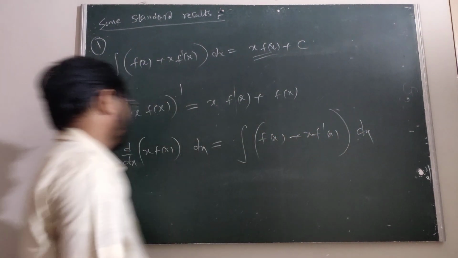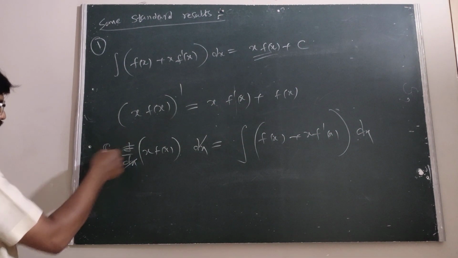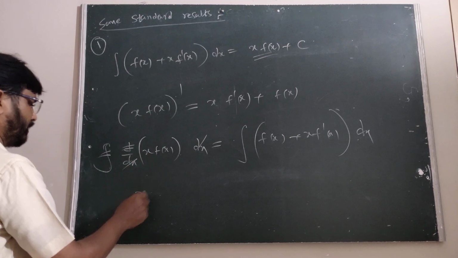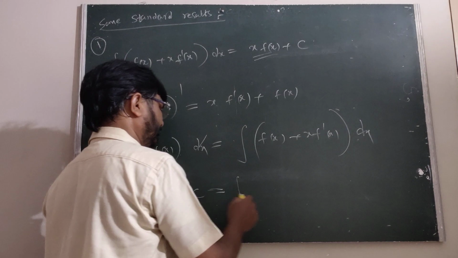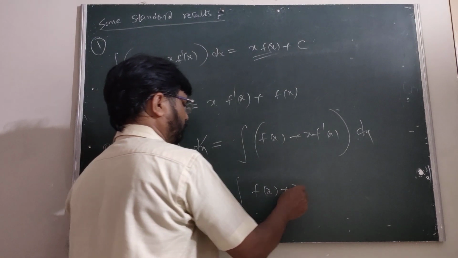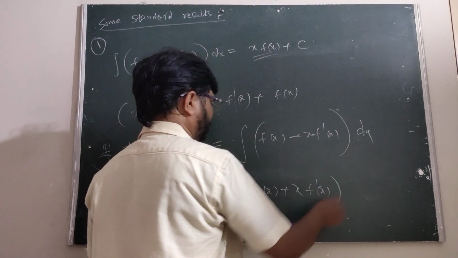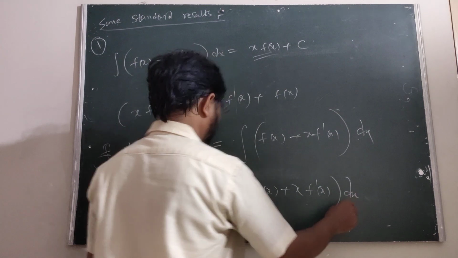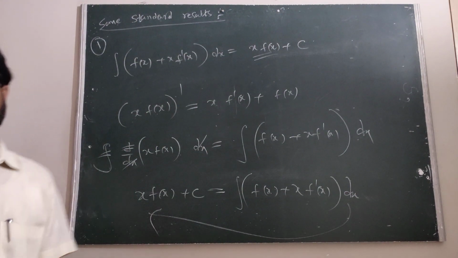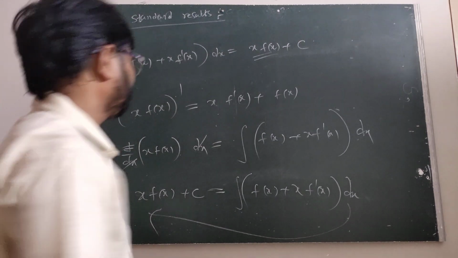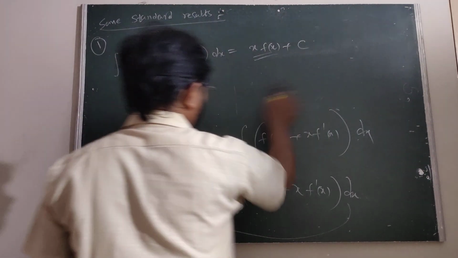Here integral and dx cancel, these two are cancelled. What are we getting? x f of x plus c is the integral of f of x plus x into f dash of x dx, which has the form x f of x plus c. This is the answer.